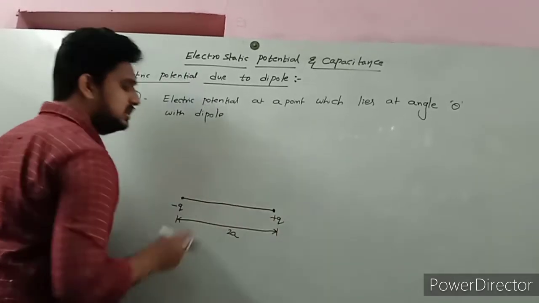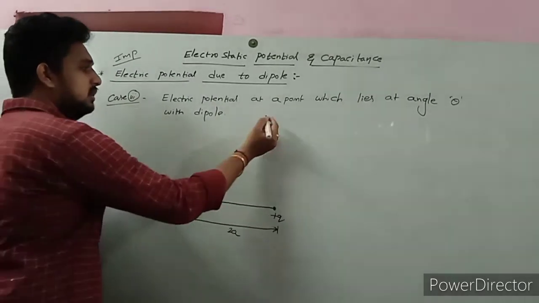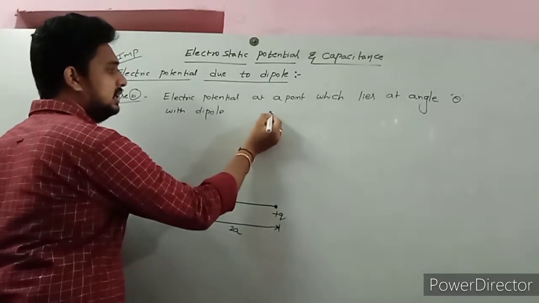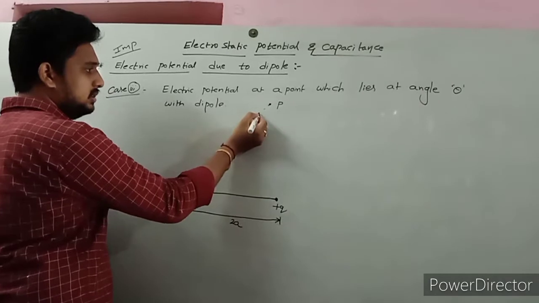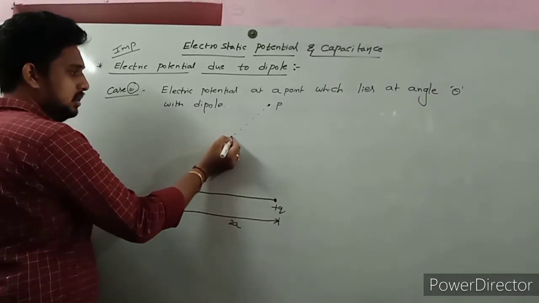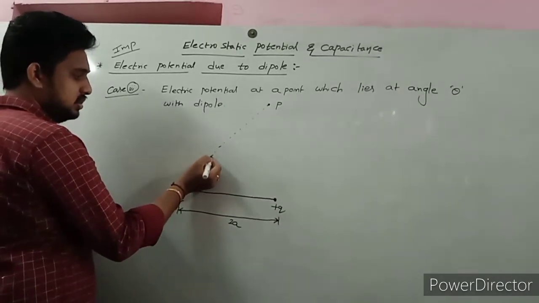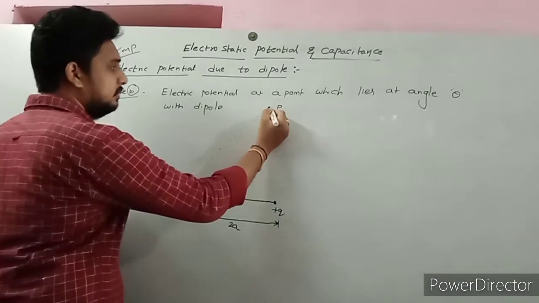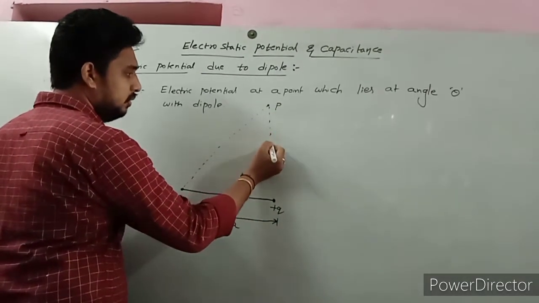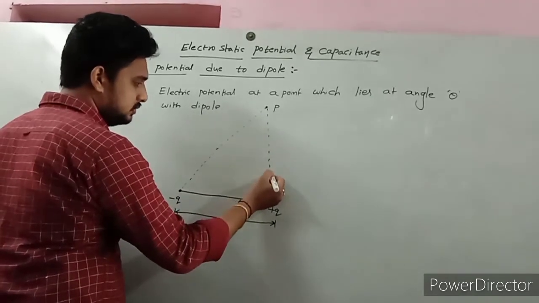This distance is equal to 2a. Now somewhere I consider a point P. Join this point and the charge.